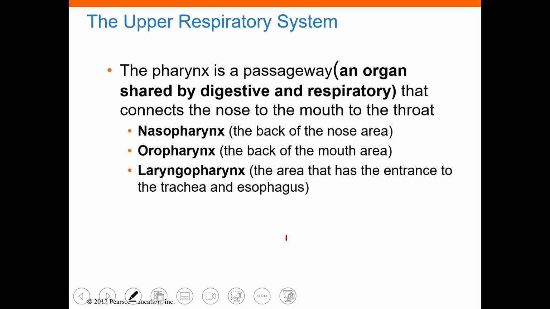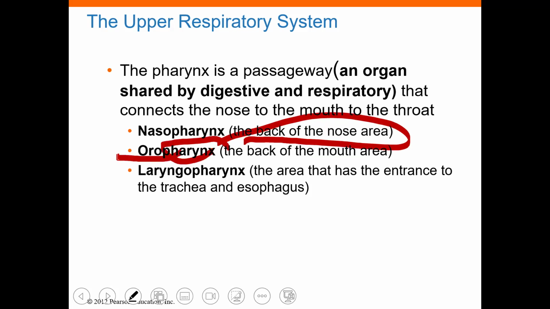The pharynx, or our throat, is the passageway. So it's an organ shared by the digestive and respiratory tract that connects the nose to the mouth to the throat. Our nasopharynx, or nose area, where the back of the throat meets the nose. Okay, where the back of the throat meets the mouth. And then the pharynx and the laryngeal area.